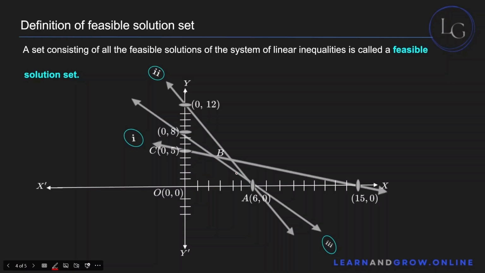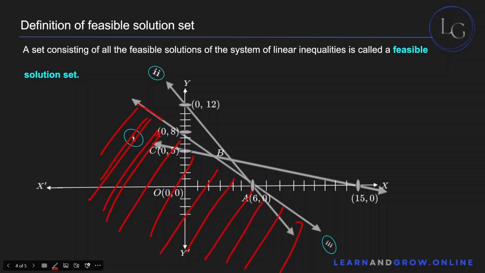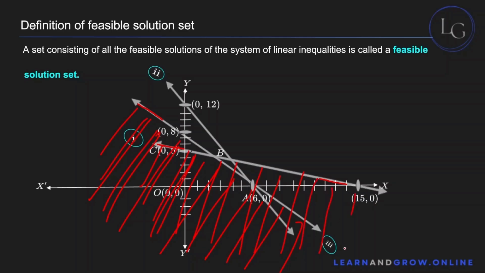Let's say that in this third associated equation, this is the part to be shaded, right? Okay, simple. Now for this first equation, this is the shaded region, right? And for this second equation, let's say this is the shaded region.